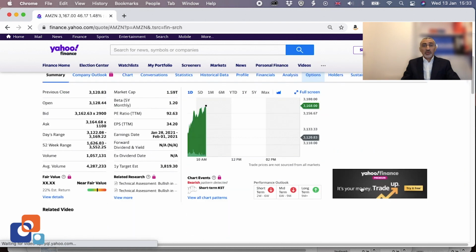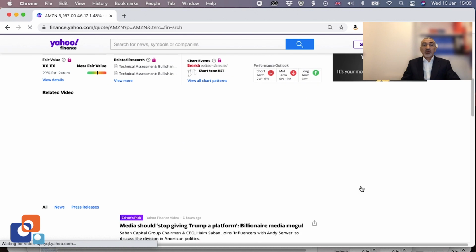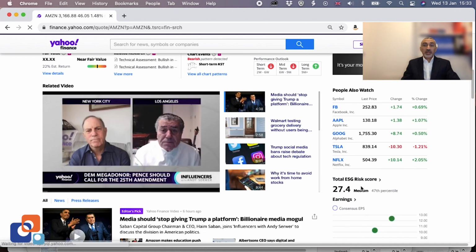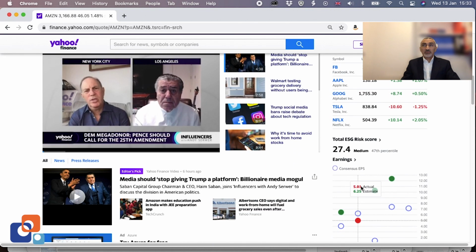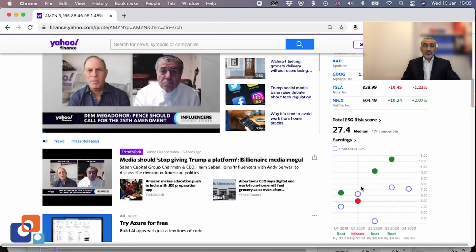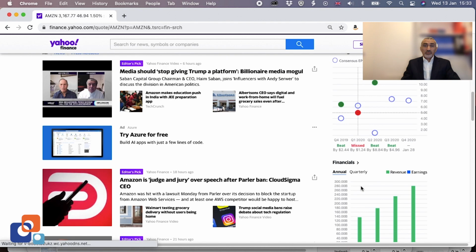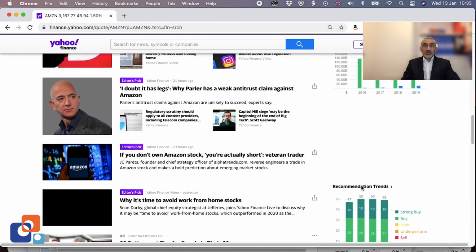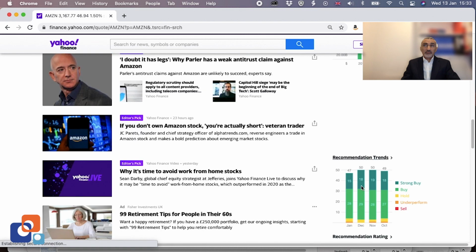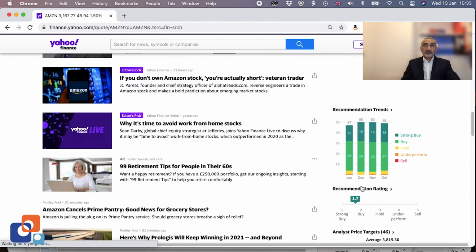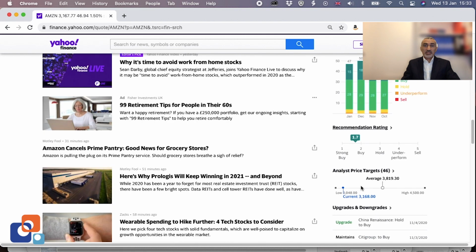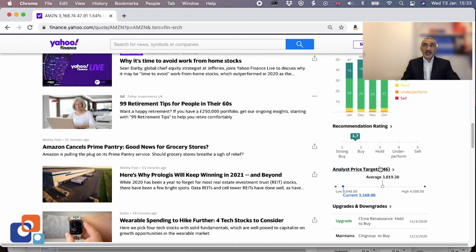Now, if we scroll down a little, we get to a place on the right here, a little bit lower. It's just after this, and it says analyst price targets.